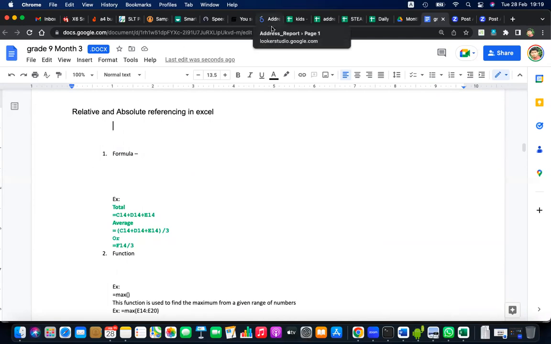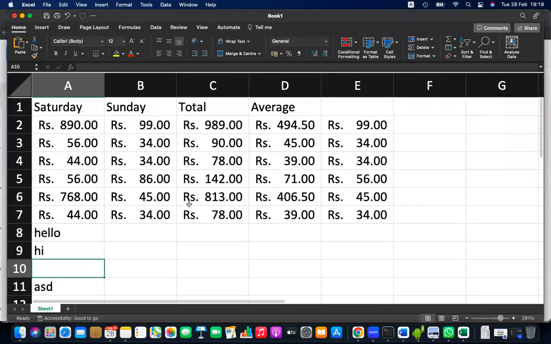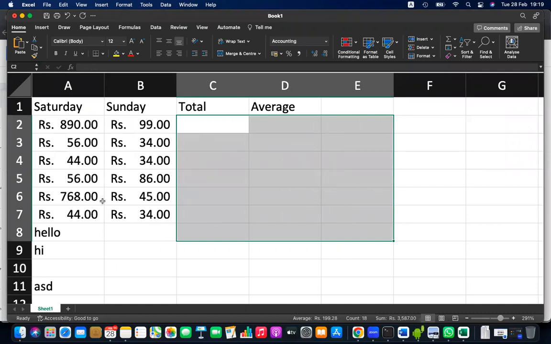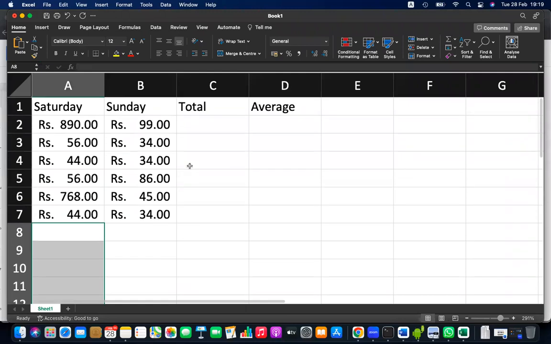Okay, let me begin with an example. I will start with an example: relative and absolute referencing in Excel. Just think about this sheet, and I just want to calculate the total.